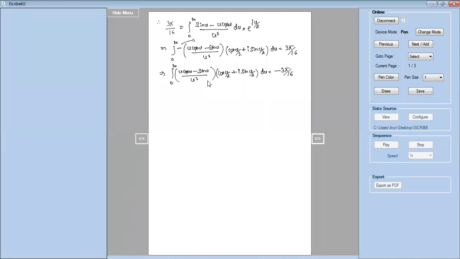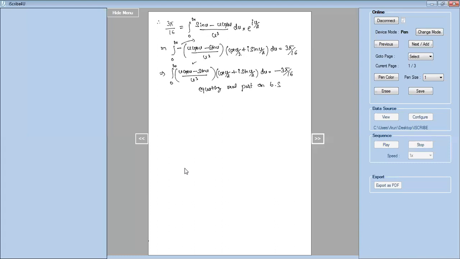Now what I want is the integration of this with cos. Here this is a complex number, real plus imaginary. I want only cos, so the imaginary part should not be there. So what I'm going to do is equate only the real parts on both sides. Equating the real part on both sides, what is the real part on the left hand side?